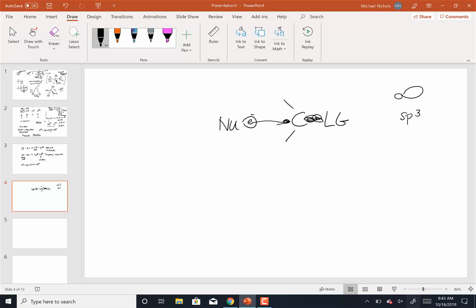The stronger I can make that overlap, meaning the more electron density I can put into that orbital, the stronger the bond will be as it's forming. And the stronger the bond is, in the energy coordinate diagram, that means the transition state will be more stable. The more stable the transition state, the lower energy it will have.